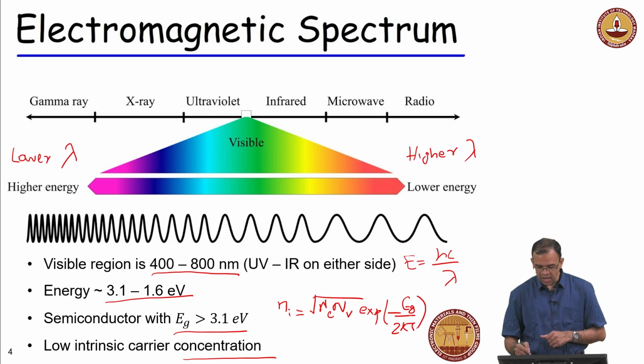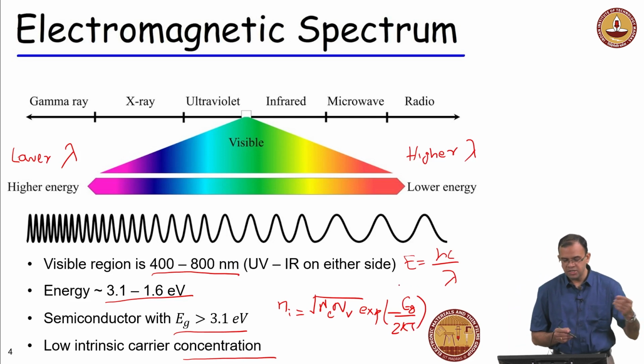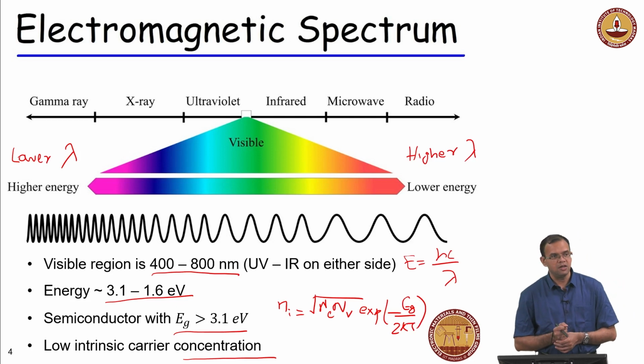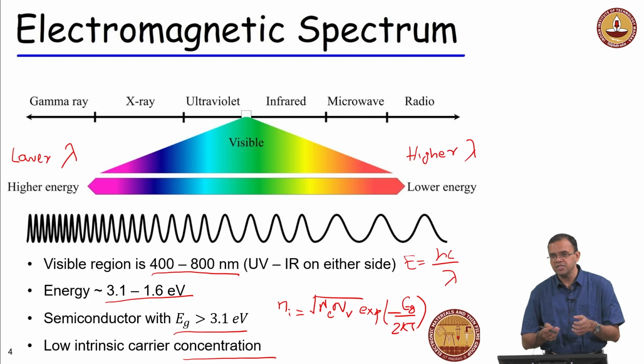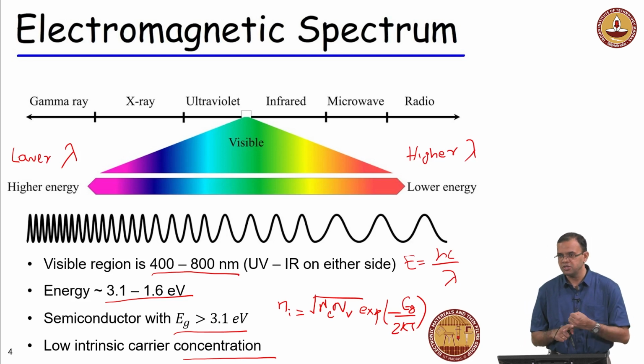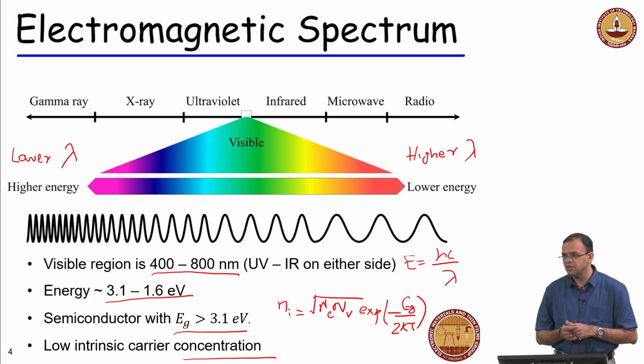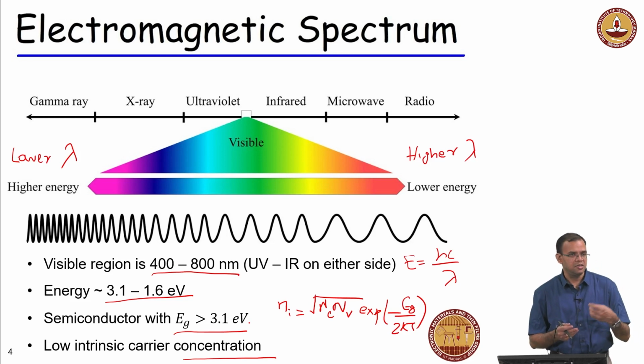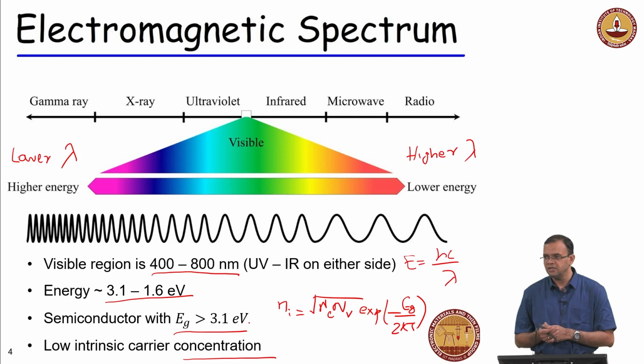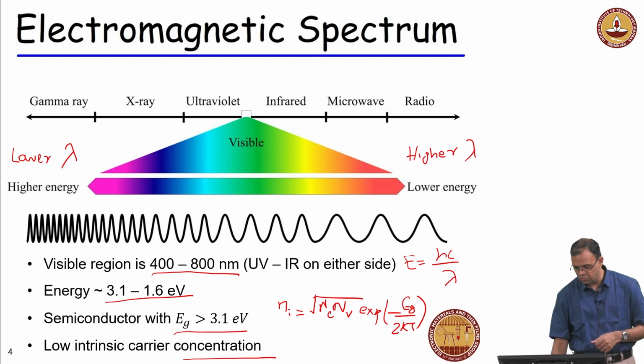If my Eg is high, then obviously my ni is low, and if my ni is low, my charge carriers are low, then I don't have good electrical conductivity, right? We said we want both transparency and electrical conductivity. Transparency I am able to achieve by having a higher band gap, but that's also going to affect my carrier concentration. So we need to do something else, and usually that something else is you dope, so that you create extra charge carriers in your semiconductor, and that allows it to be conductive.